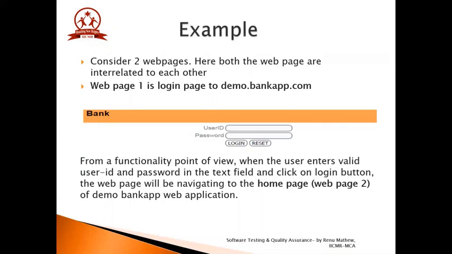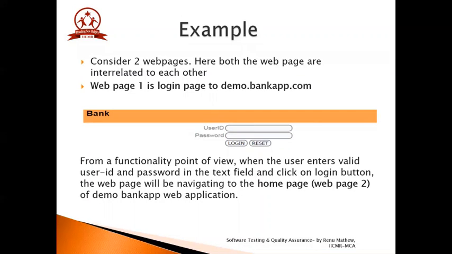Let us consider an example to understand component testing. Consider two web pages which are interrelated to each other. Web page 1, let it be a login page to an application, say demo.bankapp.com.